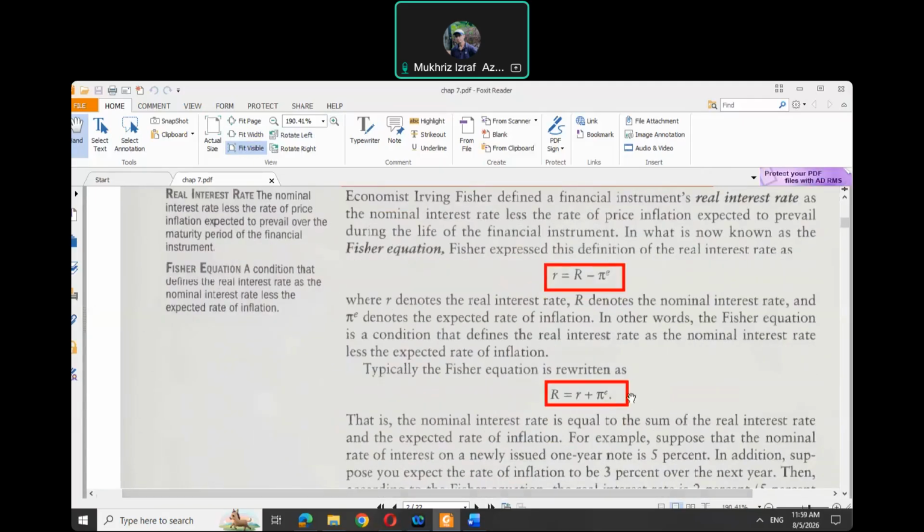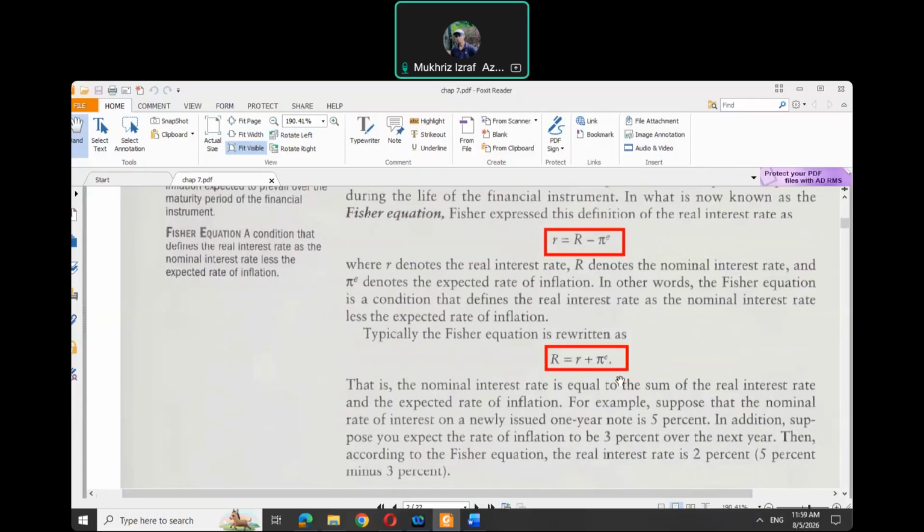Okay, and if you rewrite the equation, that gives you R, which is the real interest rate. The nominal interest rate is the product of real plus expected rate of inflation. So the equation is very simple and straightforward. Real interest rate is the product of nominal minus expected inflation.